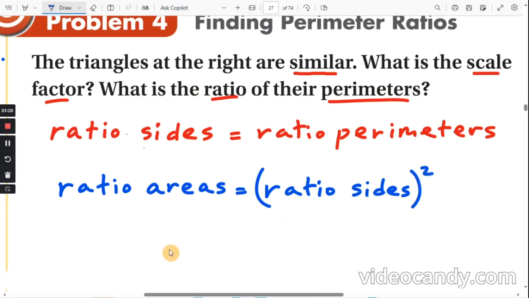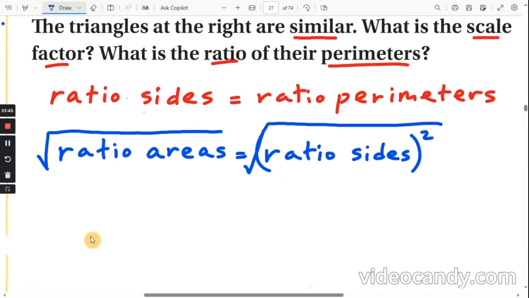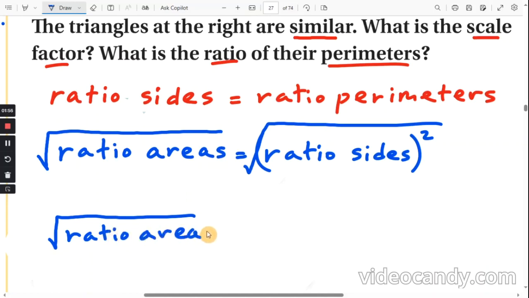Well, that will be the square root. If I take the square root of both sides, the ratio of the areas and the ratio of the sides squared, the square root undoes the square. So basically, if I just take the square root of the ratio of the areas, that will give me the ratio of the sides.